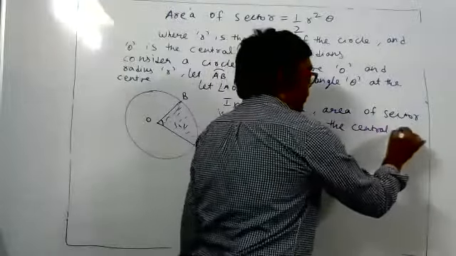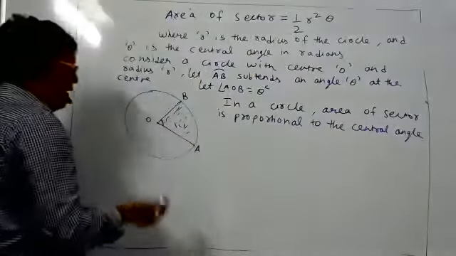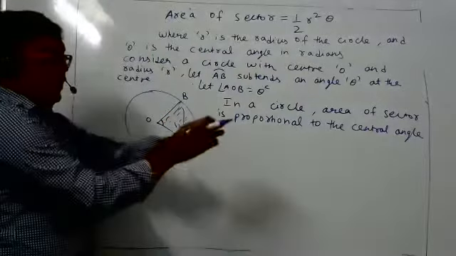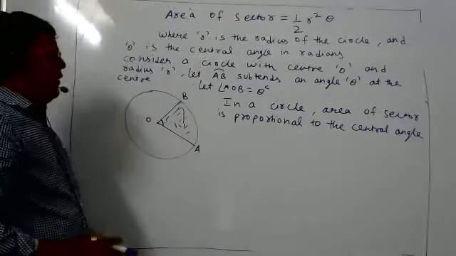That day I told you that length of arc is proportional; same way we can say the area of sector is proportional to the central angle. As area of sector increases, proportionately the central angle value also will increase.